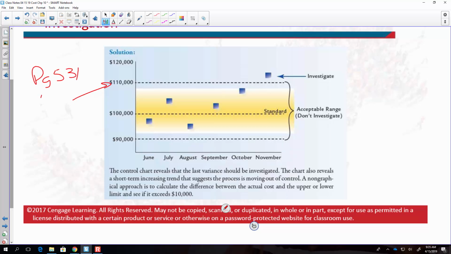You can see here that there's an upper limit and a lower limit of 90. And at some point, there was only one variance that exceeded the upper limit, and that's when we would investigate that variance. So in other words, the variance has to be large enough to warrant the investigation. These other ones were within the standard of acceptable range. These we don't investigate.